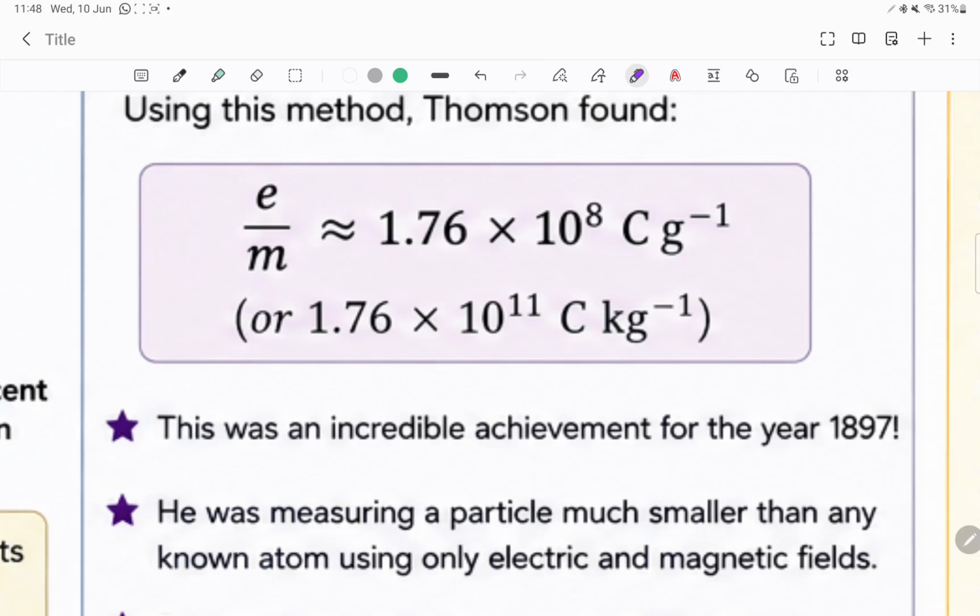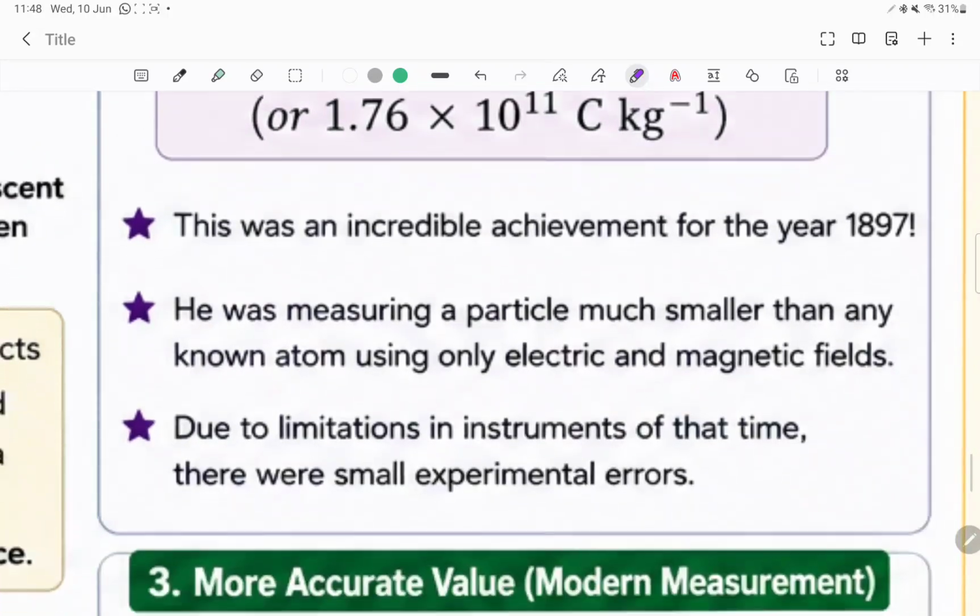And how did he calculate the e by m ratio? Without any expensive instrument, just by using simple electric field and magnetic field. This is something amazing. He measured a particle much smaller than any known atom, just by using simple electric and magnetic fields.